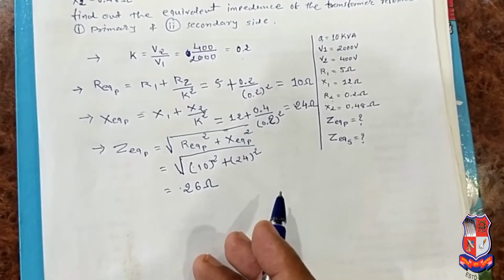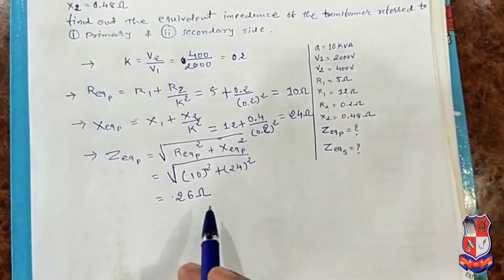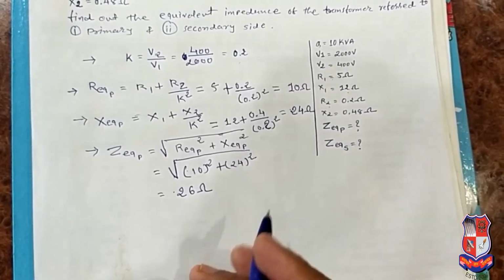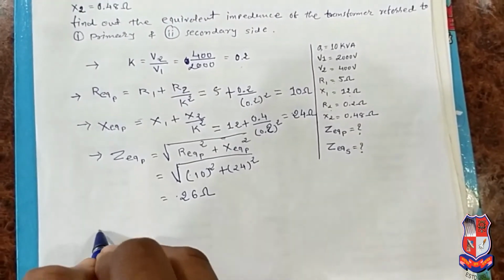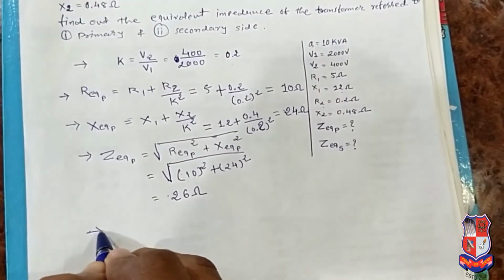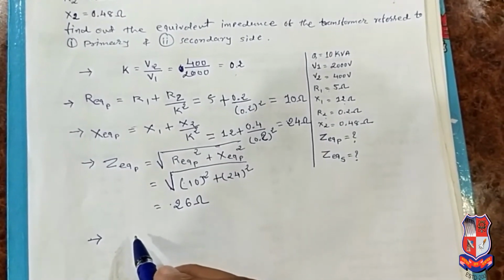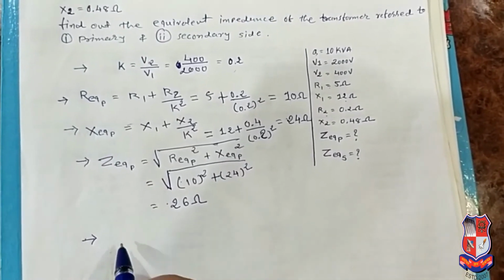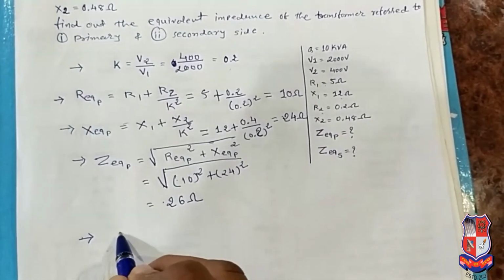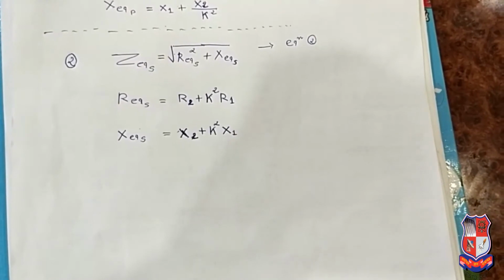Now we move on to the second part to find out the equivalent impedance of the transformer referred to the secondary side. Before we move on to the secondary side, the value of K we already found. Now I'll show you some equations referred to the secondary side.